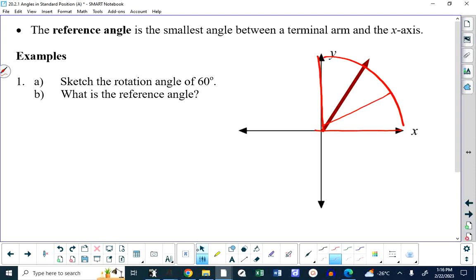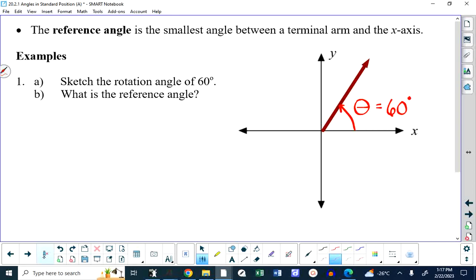I'm avoiding the use of the word pi here because pi is related to this too in a different way, 3.1415, etc. So we draw that and we label in theta equals 60 degrees. And again, when I talk about a rotation angle, I don't use a subscript or anything. The rotation angle is theta. It's 60 degrees.